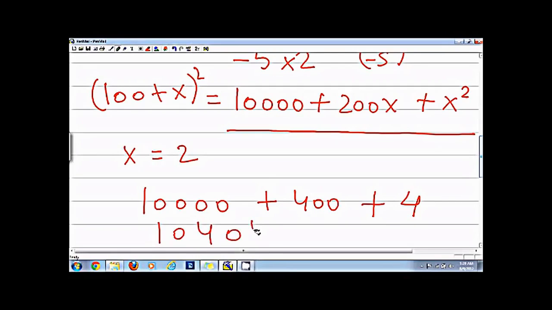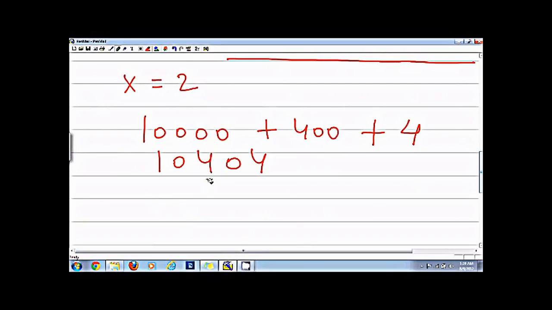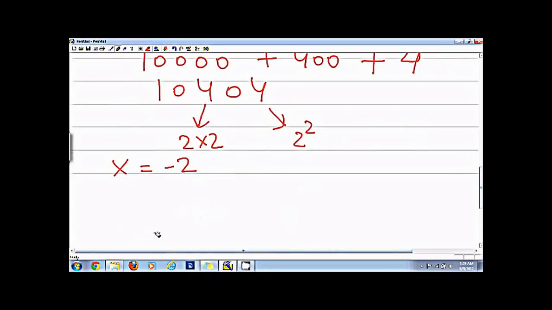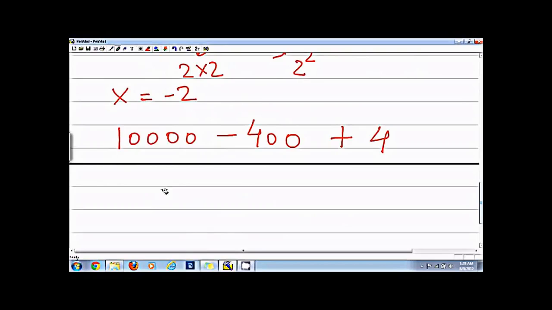So 4 is equal to 2 into 2, and this 4 is equal to 2 square. The same way I told you the trick. Similarly, if x is equal to minus 2, in this case it will be 10000 minus 400 plus 4. So that will be equal to 9 6 0 4.